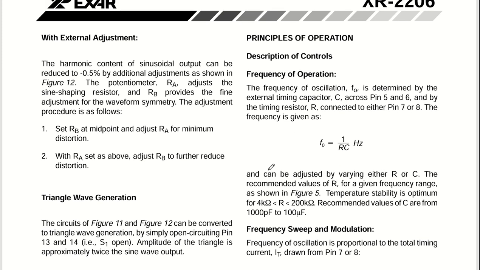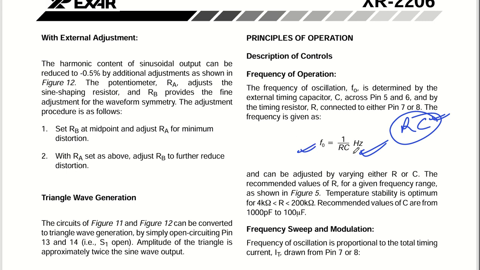And there are some other things, like triangular wave generation, or the frequency of operation. As you can see, the output frequency will be nothing but 1 by RC. R is the timing resistor and C is the timing capacitor. Based on these two values, you can theoretically calculate the output waveform frequency.